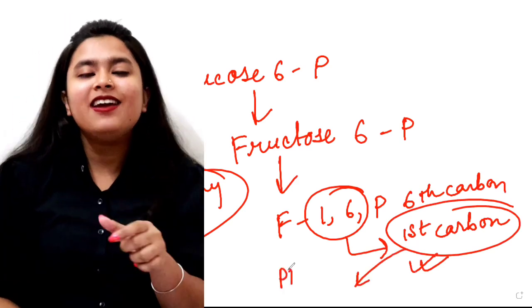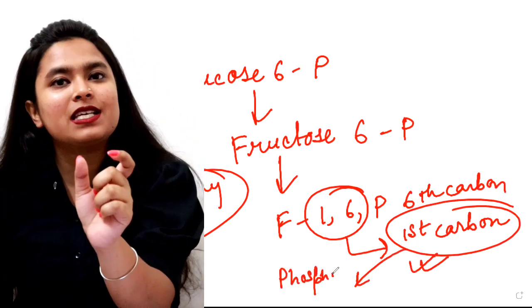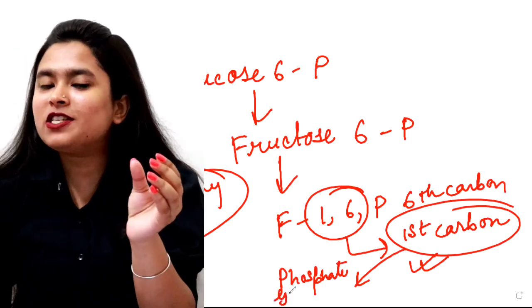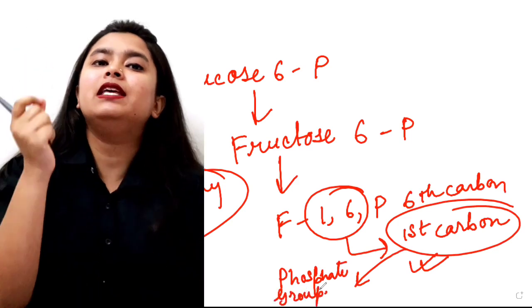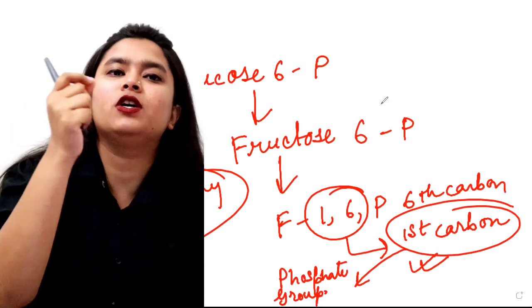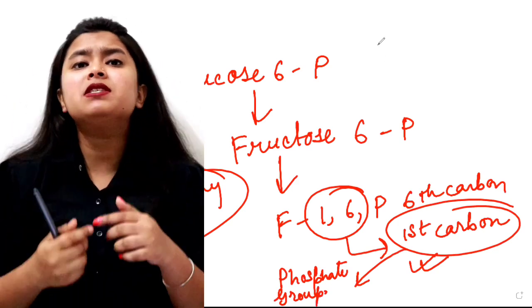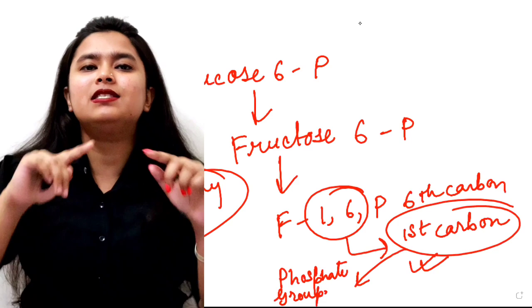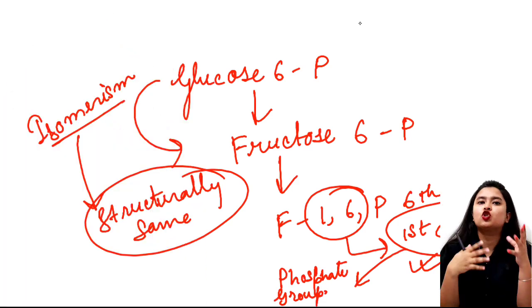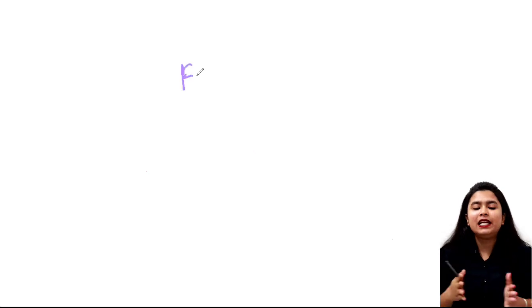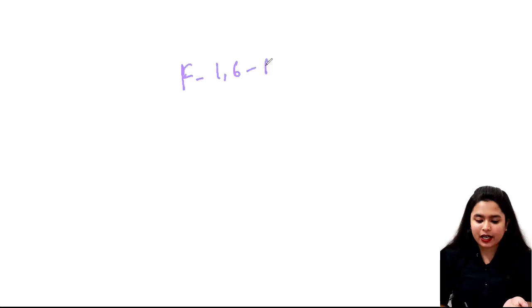The first time, at the 6-carbon compound, the phosphate group was added, and now again at the 1st carbon the phosphate group is added. Now if the question comes why at the first and why again at the 6th, that is an analogy which we will learn in the higher classes or in the detailed video of it. Now let's carry on with the cycle.